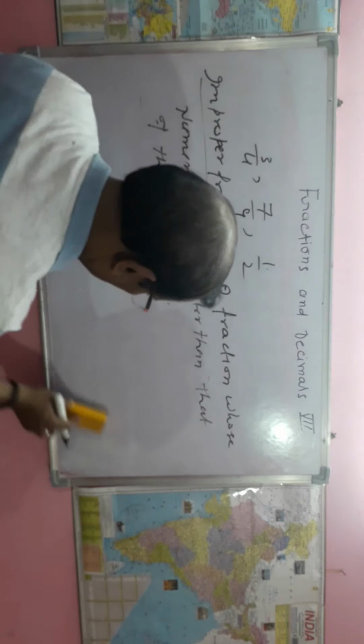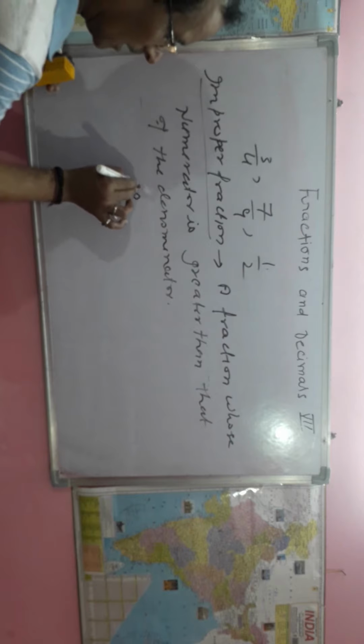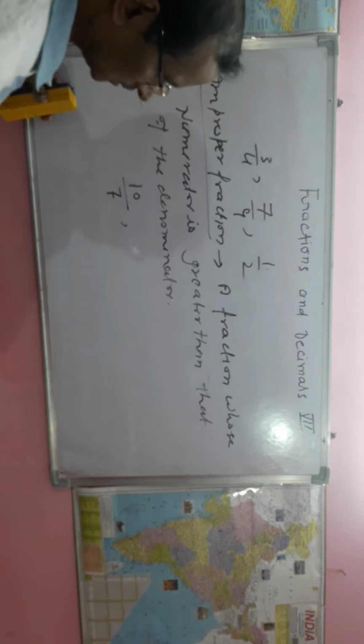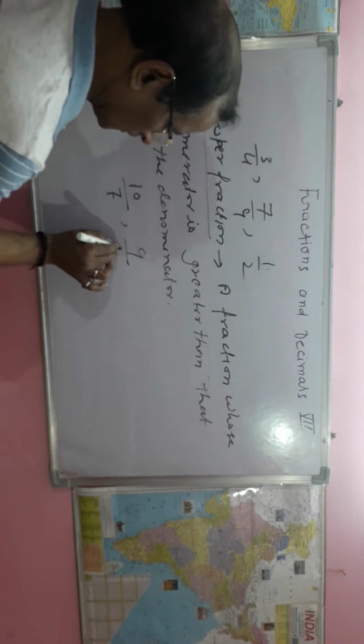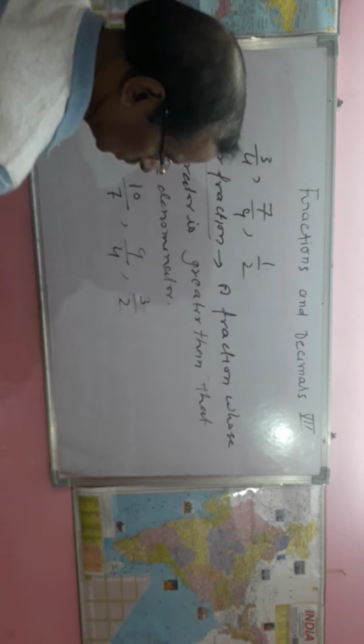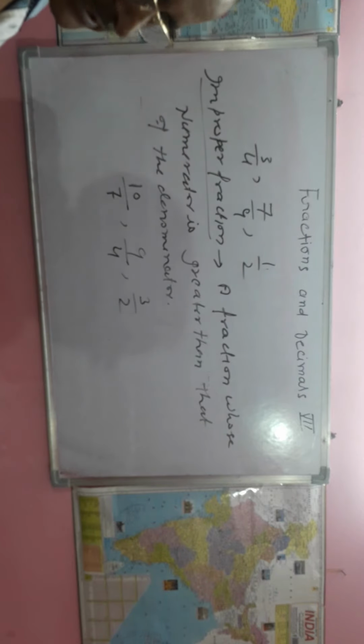Now we take some examples of improper fraction: 10 upon 7, 9 upon 4, 3 upon 2. These are examples of improper fraction.